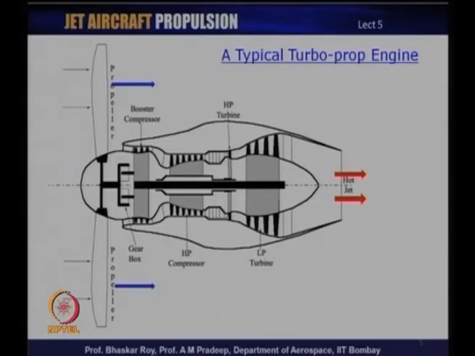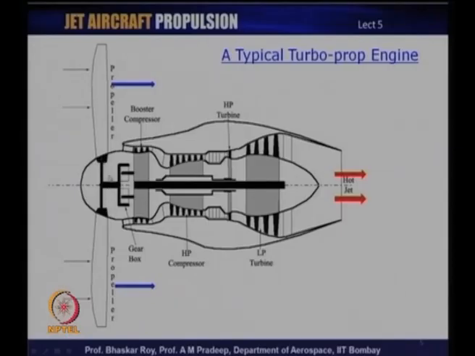A smaller version of turboprop engine can indeed be a single spool turboprop engine, which means it comes through one single spool, and then you have one group of turbine which runs one group of compressors, and then through the gearbox again runs the propeller.